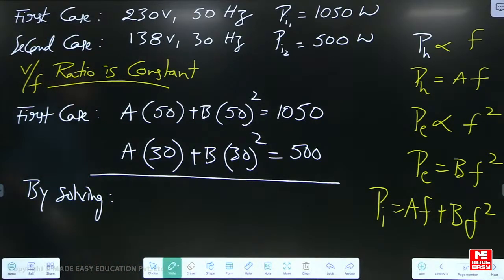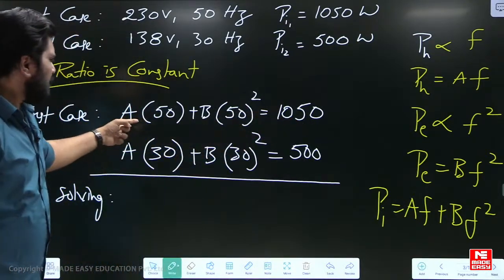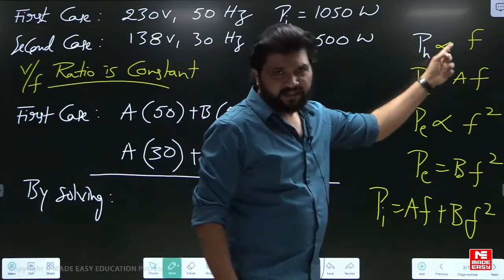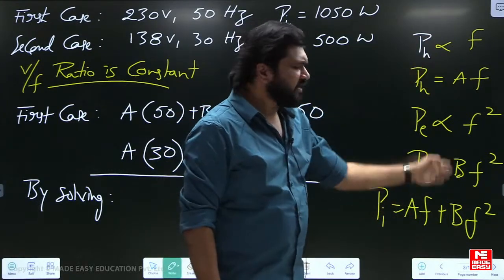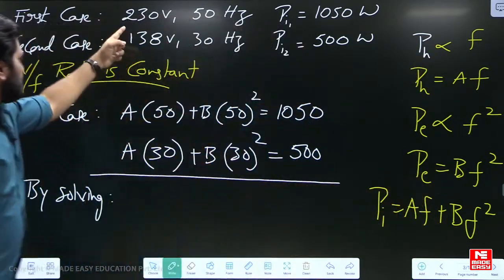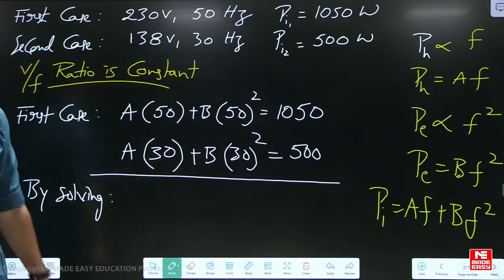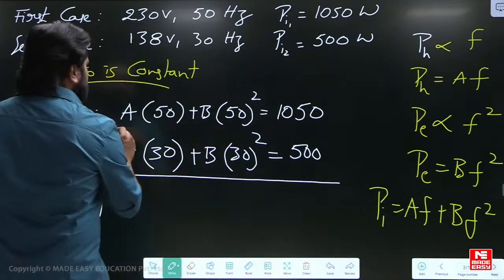So in the first case, 1050 is the total loss given. Eddy current loss and hysteresis loss can be written like this, because B is constant. V by F ratio remains constant. In such questions, directly you can put like this. In this case, 230 by 50, 138 by 30, the V by F ratio is constant. So directly you can keep like this, and this is the first case.